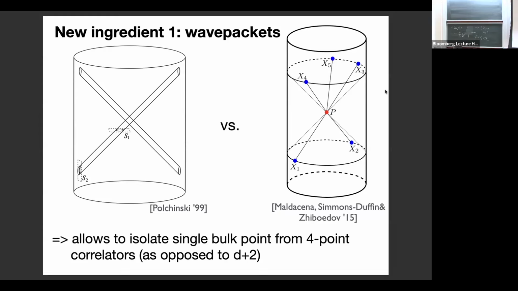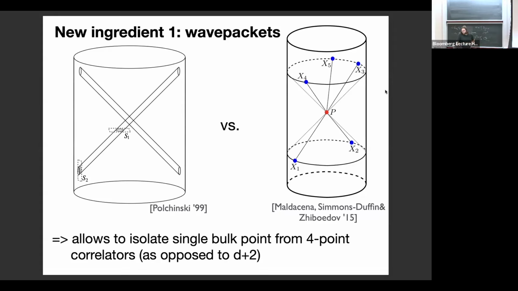And then you look at the things that come out and it will really tell you that it came from one point. But just to isolate one point, you need one shooting point, one shooting angle, and then you shoot a spherical wave from the other point, and that's enough to single out a unique bulk point. Okay? So it's much easier to single out a point, and then the rest is just redundant information.